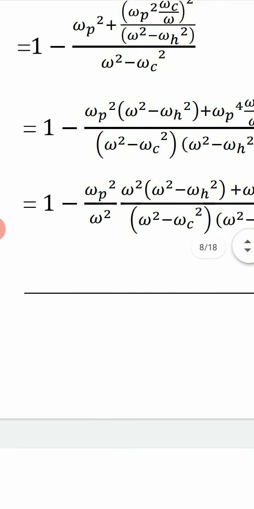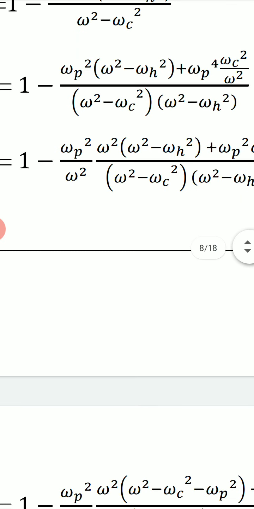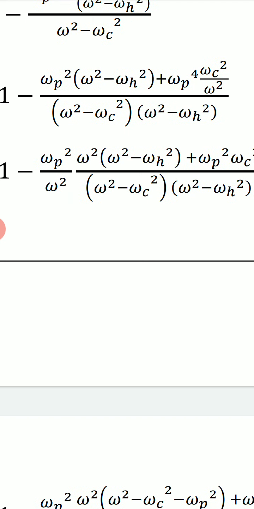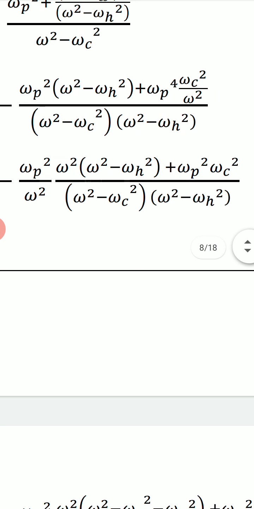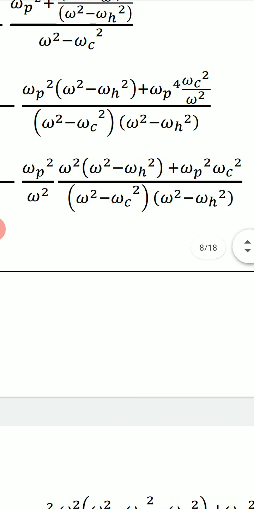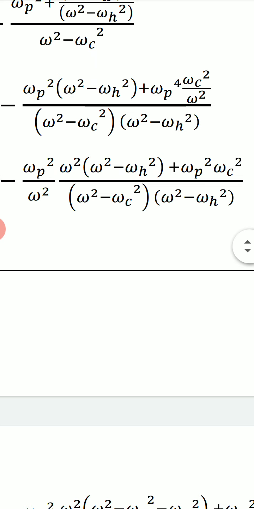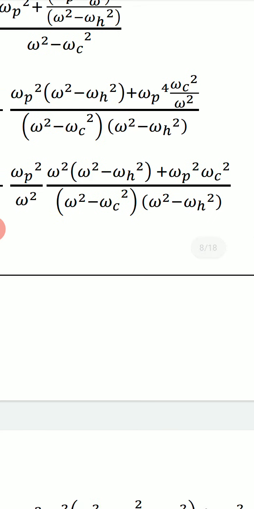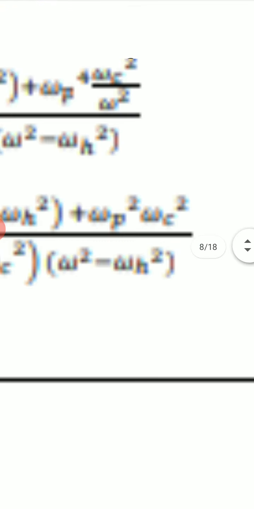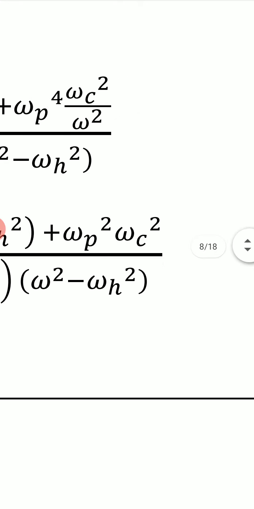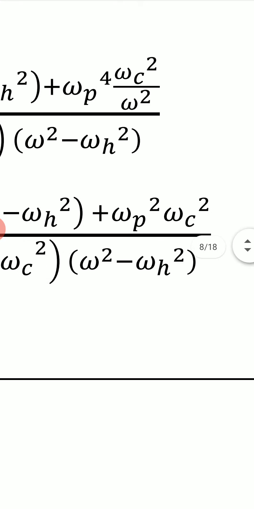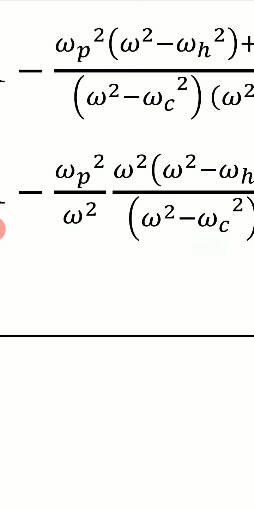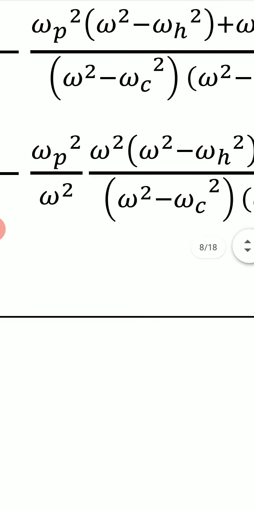Then in the next step we have 1 minus omega p square. We multiply by omega square in numerator and denominator, so that this omega square in numerator in the second term of numerator will cancel out. So multiply by omega square in numerator and denominator, we get this relation.